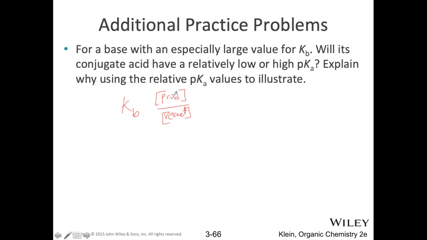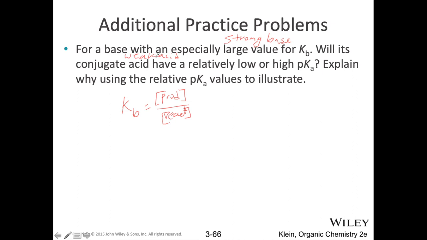A strong base wants to produce more products, which would give you a large value of Kb. So a large value of Kb implies a strong base. What is its conjugate going to be? If it's a strong base, its conjugate is going to be a weak acid.